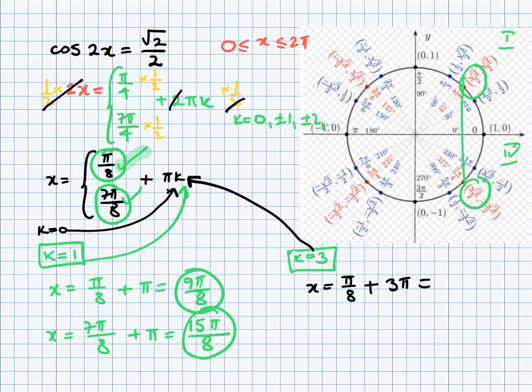I'm going to do the same for this one here, 7 pi over 8 plus 3 pi. Now, I'm not even going to bother calculating this, because I have 3 pi here and 3 pi there, which means we are already outside the domain. So therefore, those two are not solutions for this question.